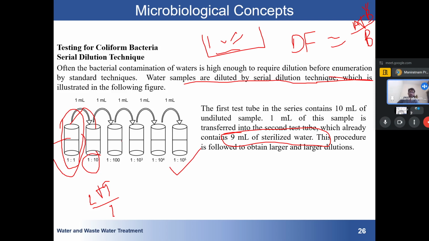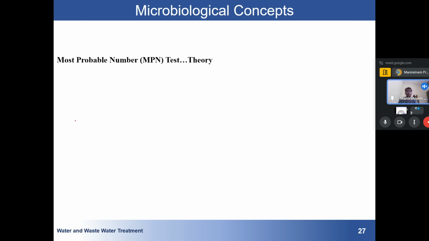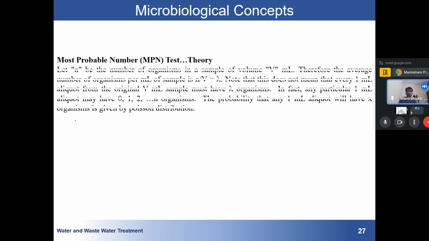If I measure the coliform present in this tube, then I can find the coliform in the original by multiplying by the given ratio. So remember, this is the MPN theory.